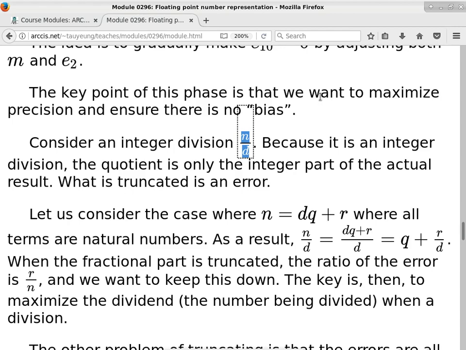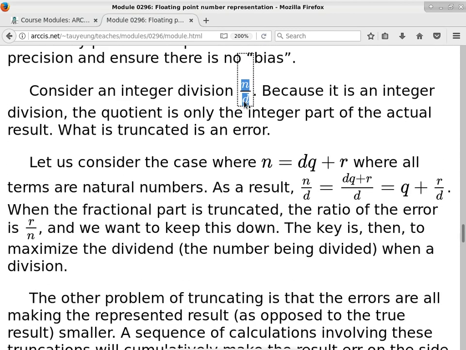So now we look at n, but this time we spell out n. Okay, we say that n is dq plus r. Now these specific letters are chosen because q stands for quotient, d stands for divisor, r stands for remainder, and the reason I use n is to make it the numerator.